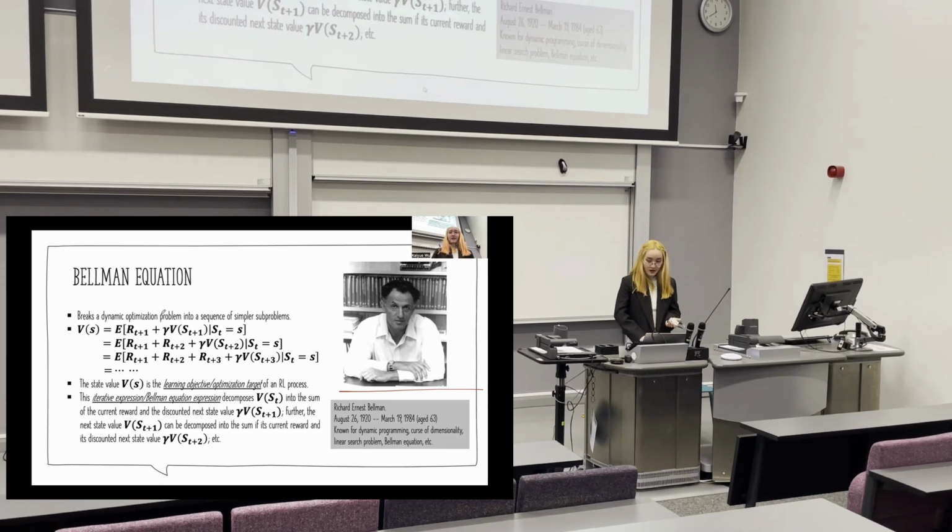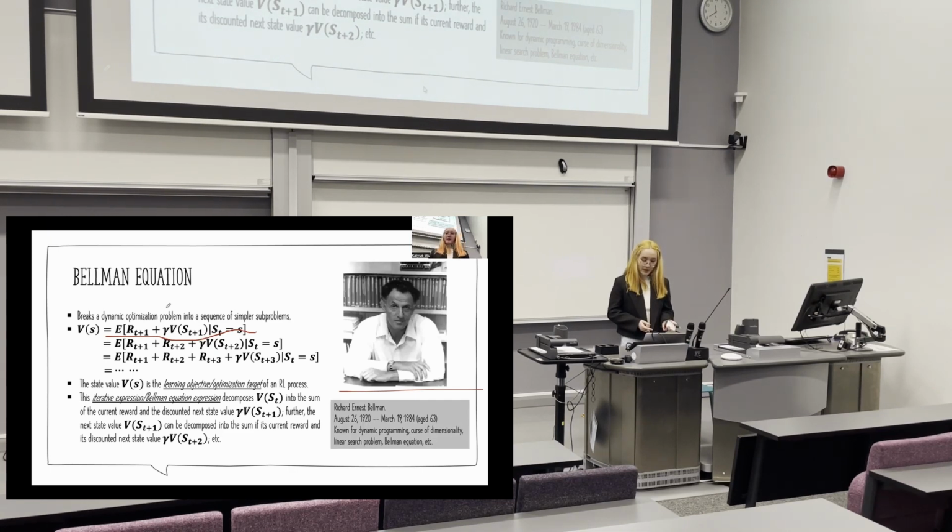Let's look at this series of equations. As mentioned previously, a state value can be expressed in the form of this first equation. The state value is the learning objective or optimization target of the reinforcement learning process.